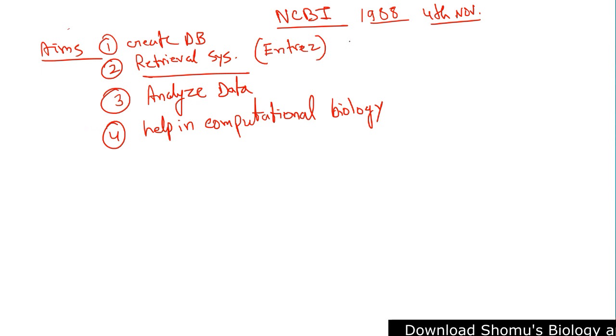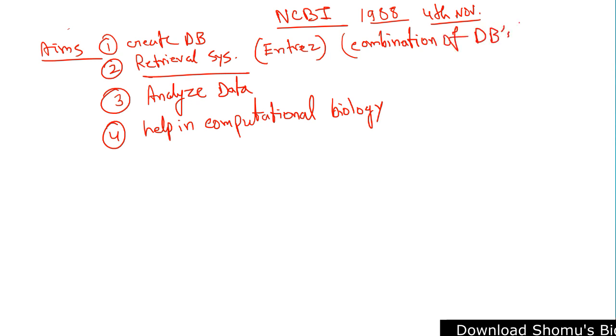And NCBI is what? It's a combination of databases. What are some examples of such databases? Let me write it here, database this side, and we'll talk about the description.